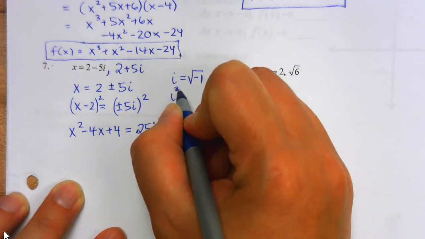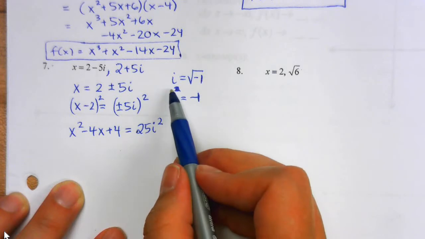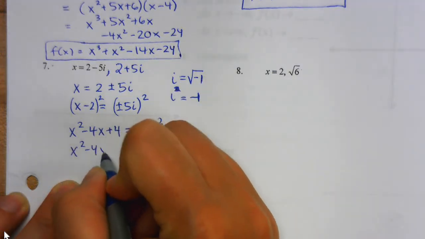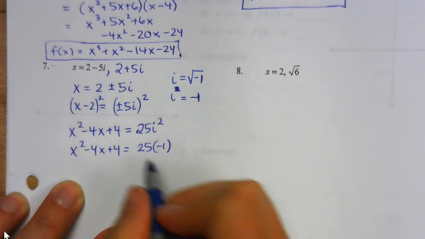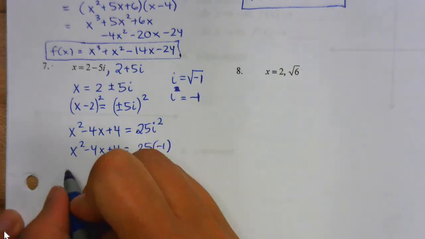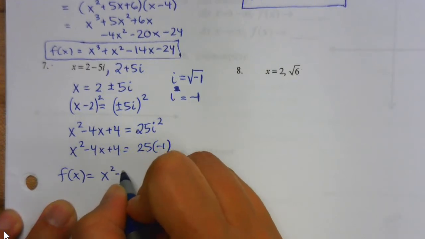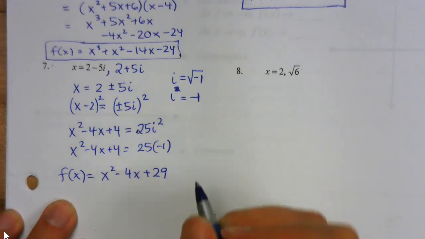When you square both sides, you just get negative 1. So i squared is equal to negative 1. So we'll rewrite this. That gives me a negative 25 now that I'm going to add to the other side. So my polynomial function, f of x, is equal to x squared minus 4x plus 29.